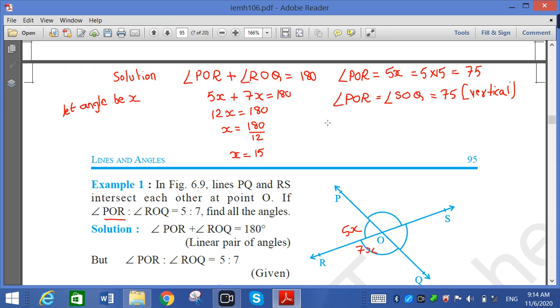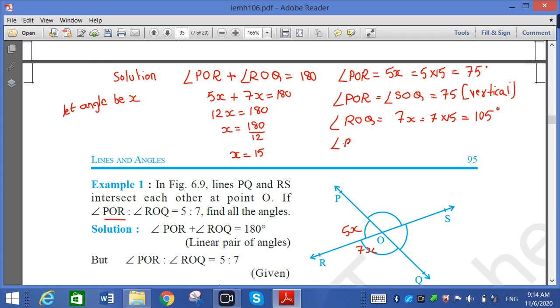Now angle ROQ, that is 7x. So 7 into 15, that is 105. Now again it is 105. Then who is 105 again? Okay, POS.